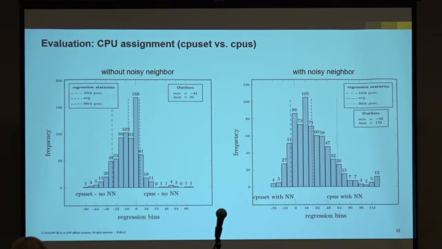What we can conclude from these two diagrams is that without noisy neighbors, the CPUs has the advantage, but with noisy neighbors, the CPU set has the advantage. Basically, because the CPU set is partitioning the threads.